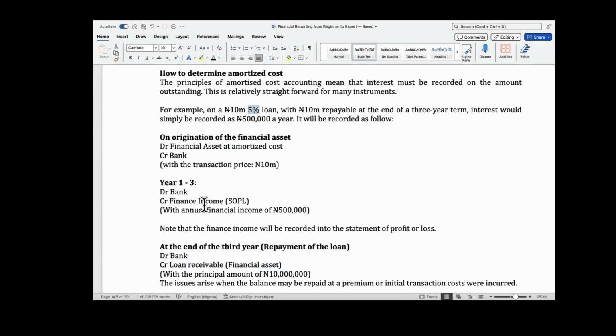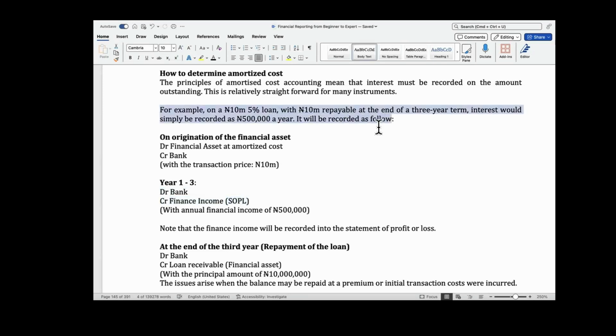So that means that instead of debiting bank, since you didn't collect it, it becomes an interest receivable for you, an asset. Then it's still going to P&L, because whether you collect it or not, it's an income, it goes to P&L. Okay, that's for this simple one.